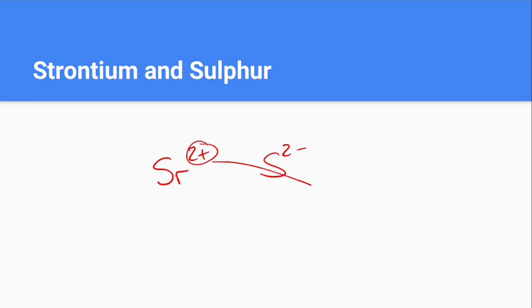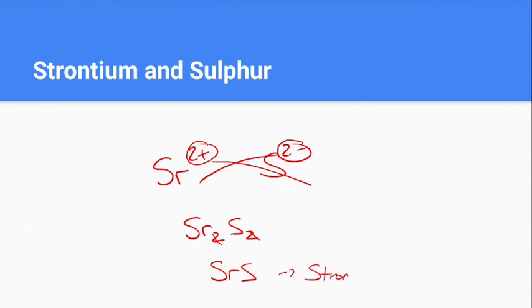Take the +2, put it down here. The -2, put it as the subscript of the positive ion. We end up with Sr2S2. These 2's are going to cancel out. SrS is our chemical formula, and it is called strontium sulfide.